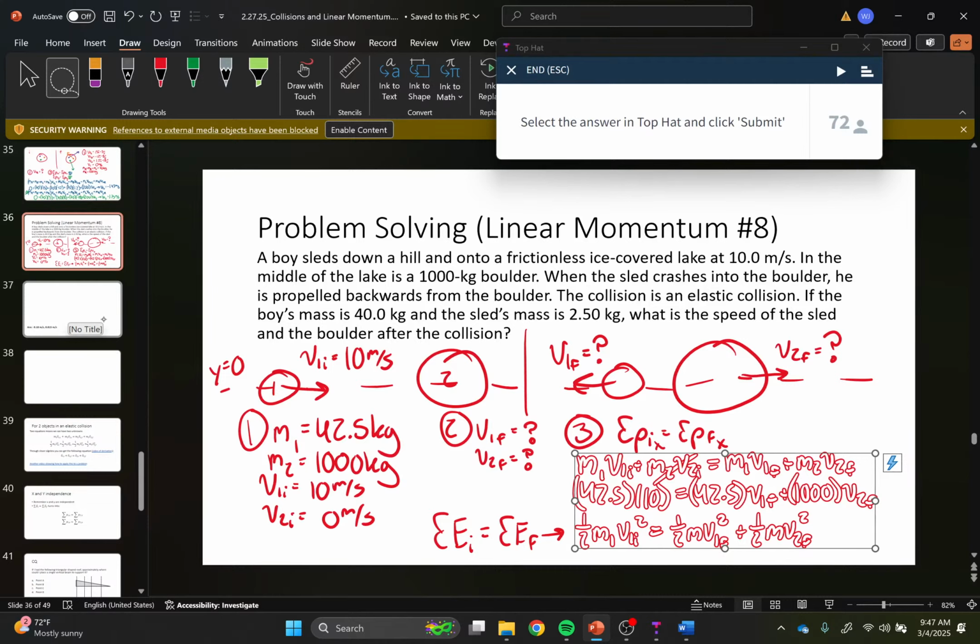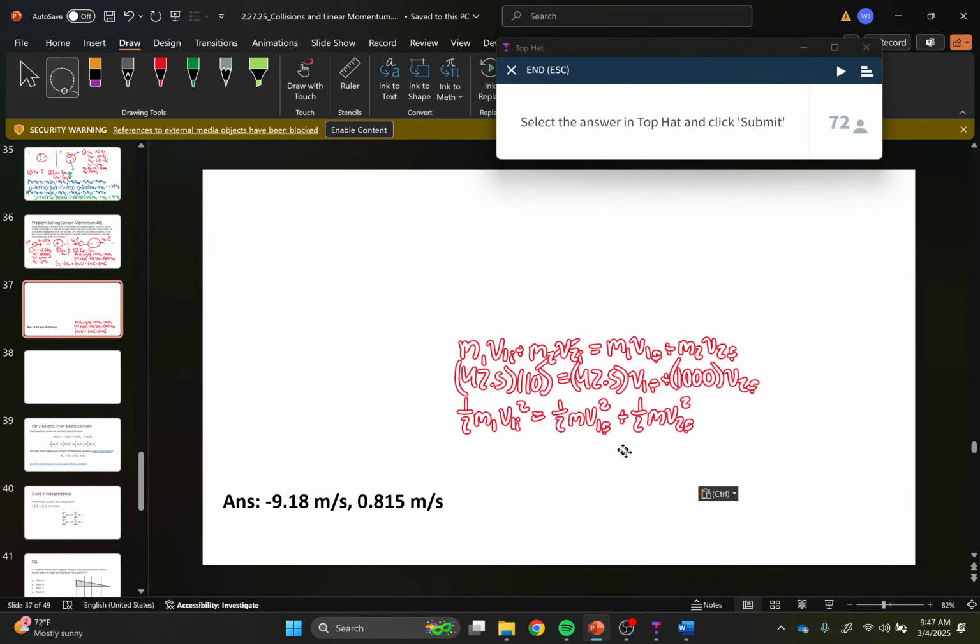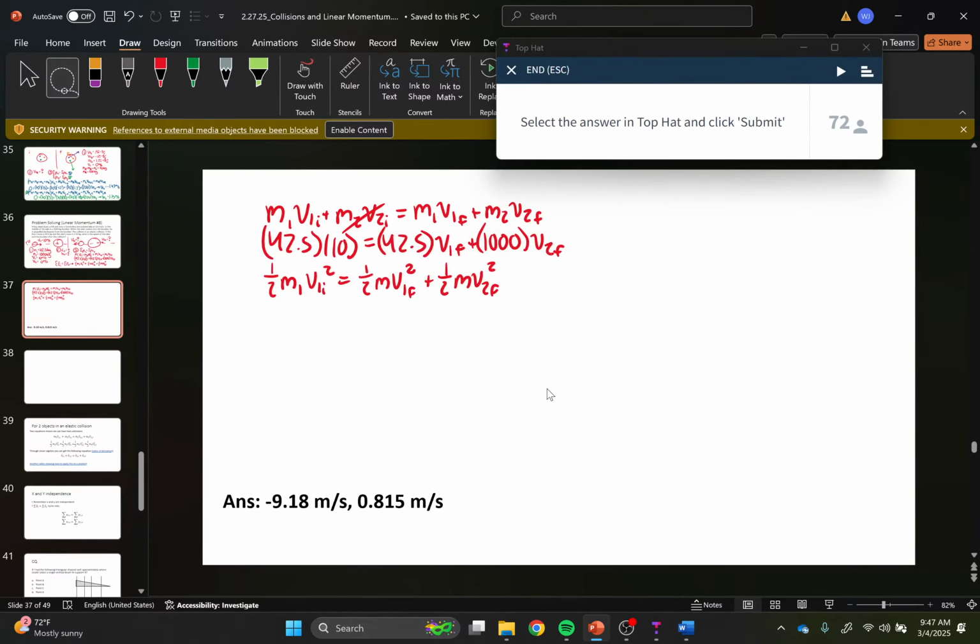I need you to know that in an elastic collision, energy is conserved and momentum is conserved, and I need you to be able to build those equations. That's the skill. I'm going to erase this number stuff and rewrite this top one without the term that's 0.